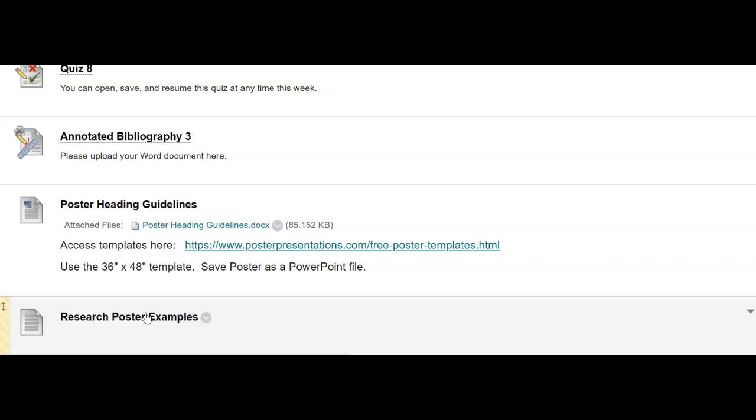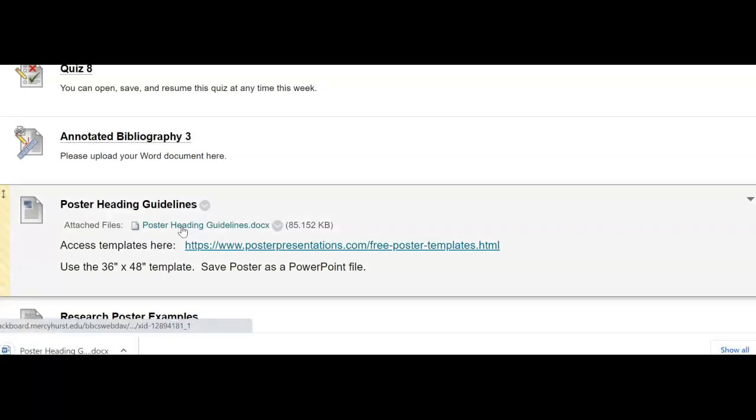But I put them here so you can begin to get a really good understanding of what other students have done for their research posters. So there's a couple things right here. This is your poster heading guidelines, and then how you're going to go about doing this. So I just wanted to get you thinking about it, getting you visualizing the next step.